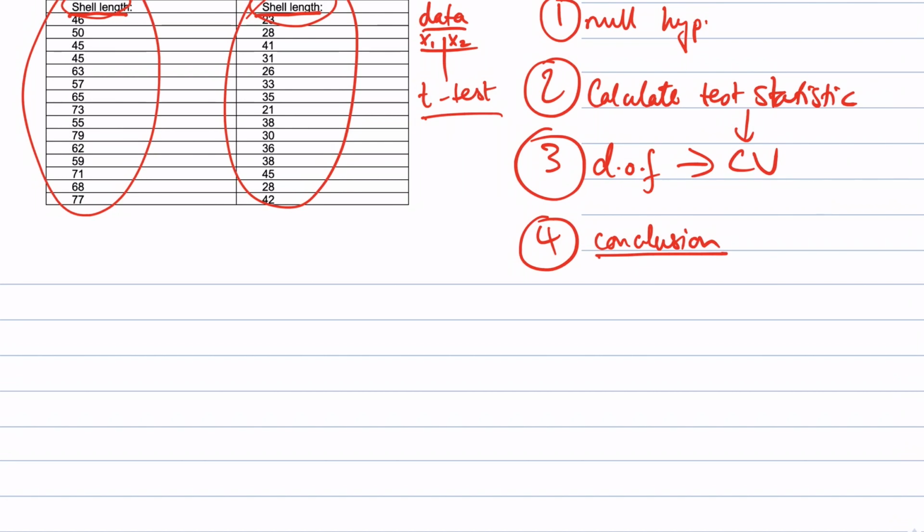I don't think that in any A-level exam you'll be asked to do the entire t-test, but you don't know which aspect or which part of the t-test you will be doing. So I always tell my students, be prepared, be able to do all parts of a t-test, and then when you are asked to do any one of those parts, it should be relatively easy for you to do.